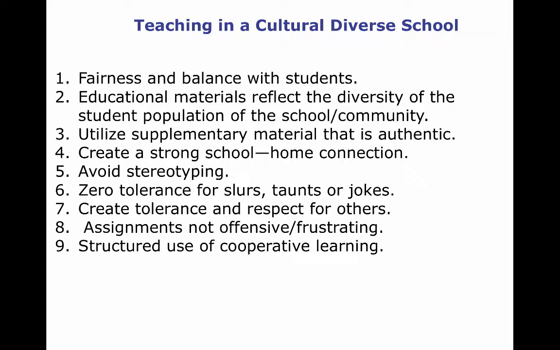We have to have fairness and balance, which means we have to provide for all children. Even if our school is predominantly African American, they have to have the same resources as the other ones. In fact, they might even need more, because we're trying to close the opportunity gap that goes along with it. But we also have to look at our educational material and make sure it reflects the diversity of the student population.